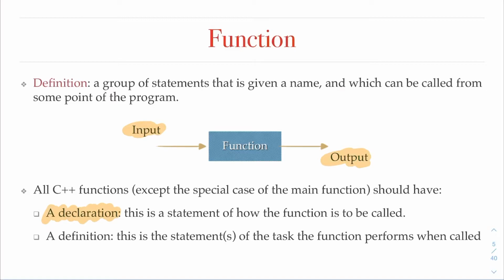Not yet. The details should be written in the definition. To clarify, you need two things: one, the declaration to tell the compiler that you have that function, and the other is the real definition, the implementation of your function, which tells the compiler how to do it.